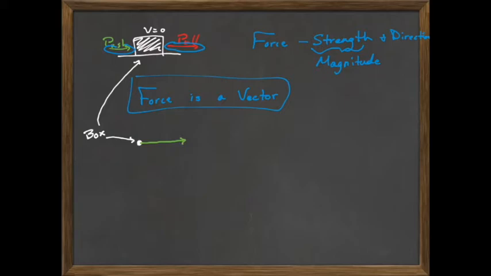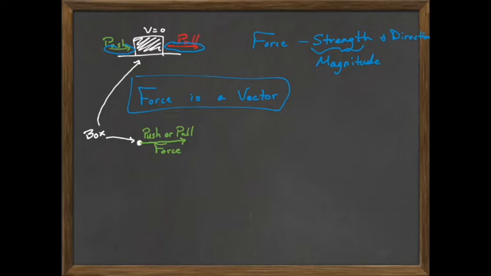What's important to understand is that it really doesn't matter if it's a push or pull. Either way, it's a force. So pushing or pulling are the same thing. It doesn't matter whether we say we pushed on it or pulled on it. Either way, there is a force being applied on this box towards the right. The length of that vector tells us the magnitude, and the arrowhead tells us the direction.